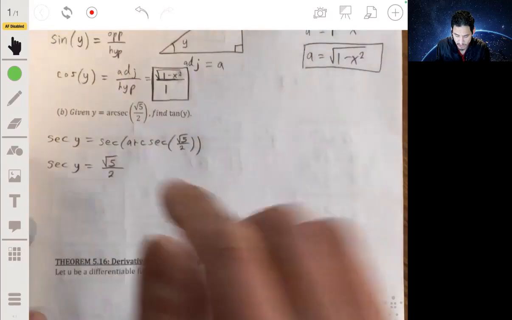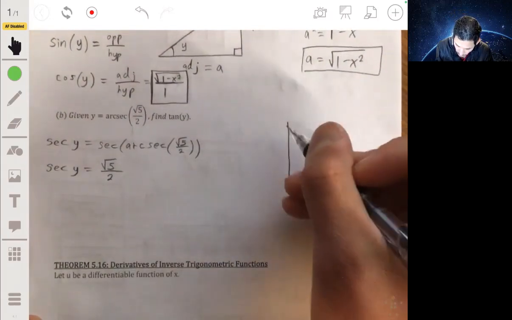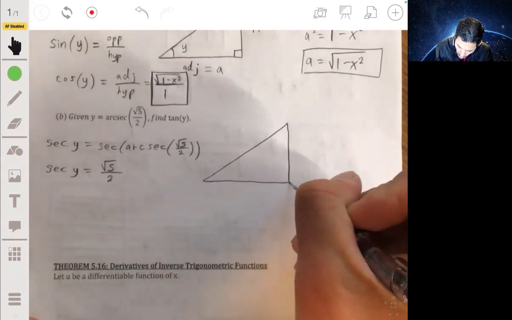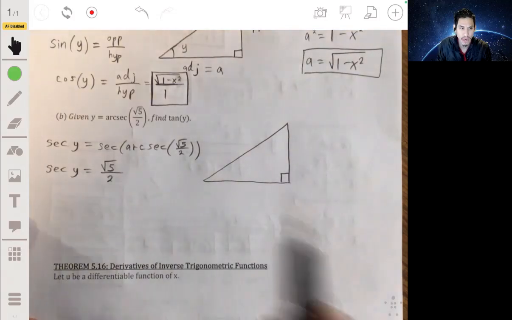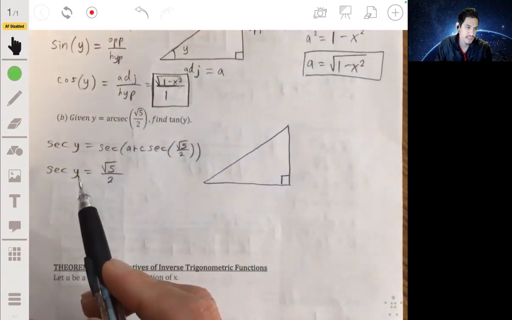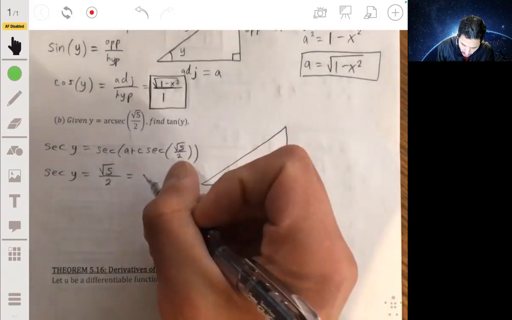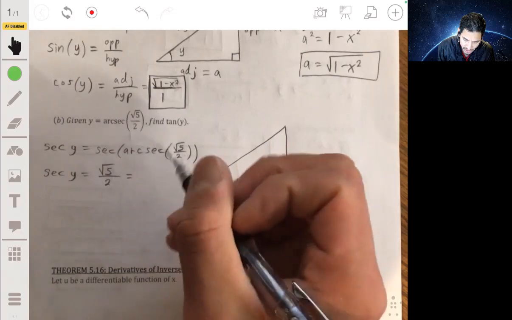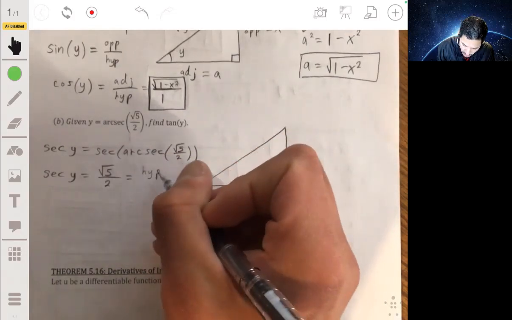And let's set up a triangle that shows this. Now, let's recall also that the secant of y is the reciprocal of the cosine of y, which means instead of it being the adjacent over the hypotenuse, it'll be the hypotenuse over the adjacent.